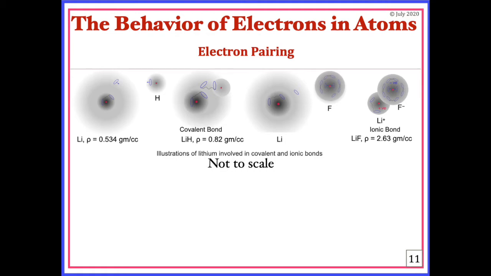Because the two electrons share their time between both nuclei, they won't be able to go far from the Li nucleus as could a single electron. In that way, the addition of the lighter hydrogen atom means that the lithium hydride molecule is smaller than the lithium atom. That is why lithium hydride is denser than lithium. And that is a covalent bond where both nuclei share the same pair of electrons.